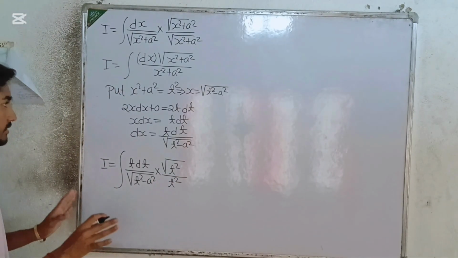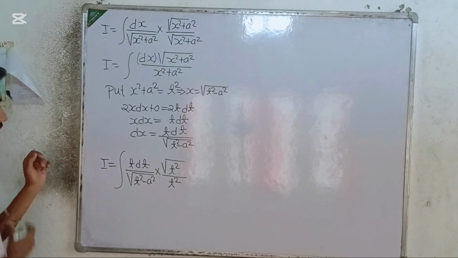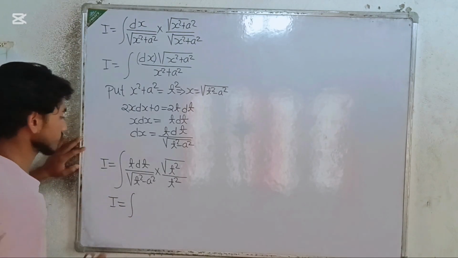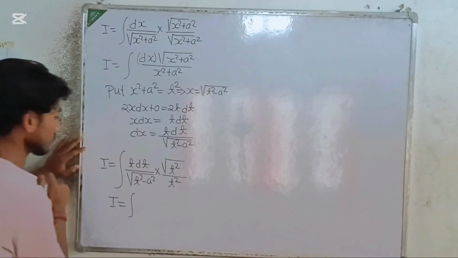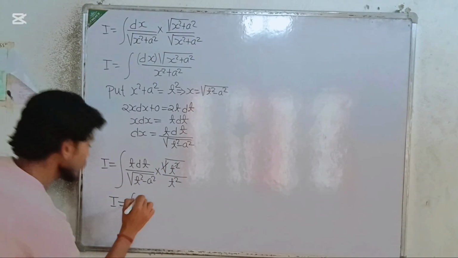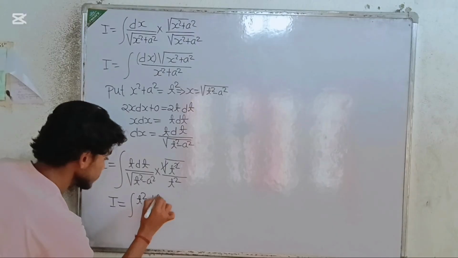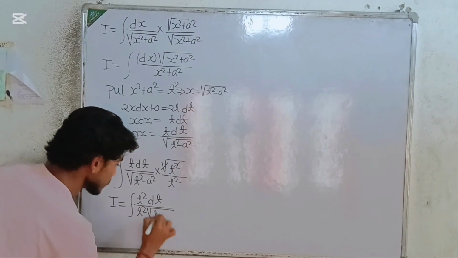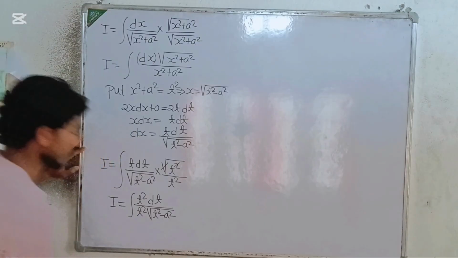It makes sense. Okay, so I is going to be the integral, and this will cancel out. We get t dt over t squared times the square root of t squared minus a squared, right?